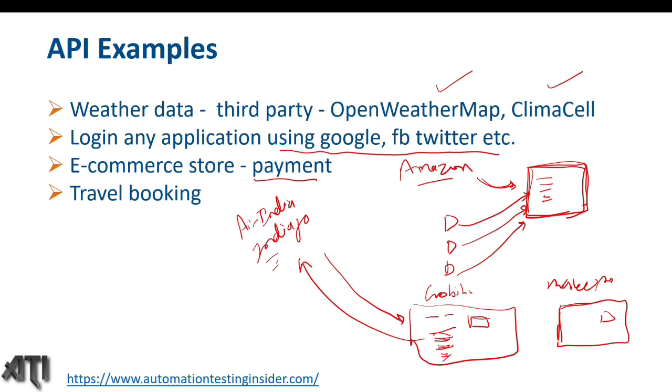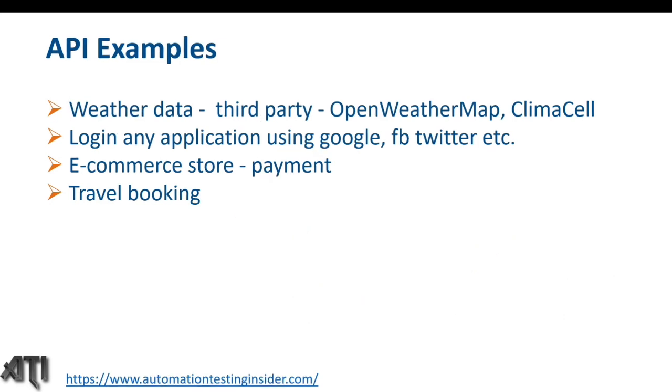All these price details and everything are not developed in GoIbibo. We are getting them from the airlines. So that is nothing but an example of API. We are not accessing their database. We are just getting the information using the API on our page. Similarly for Make My Trip. So this is another example of APIs.